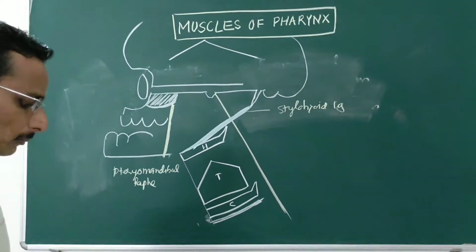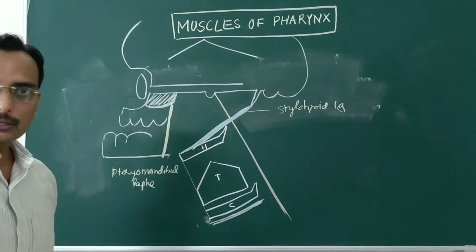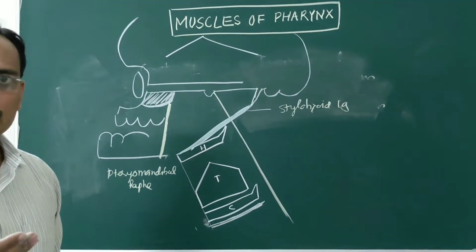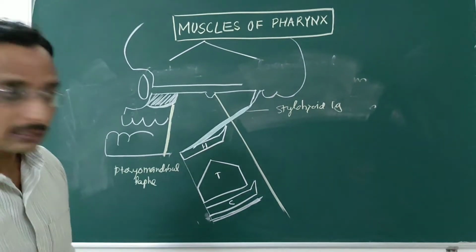So how does the superior constrictor muscle originate? The superior constrictor muscle originates from the pterygoid hamulus, the pterygomandibular raphe, and the medial side of the ramus of the mandible, above the mylohyoid line.